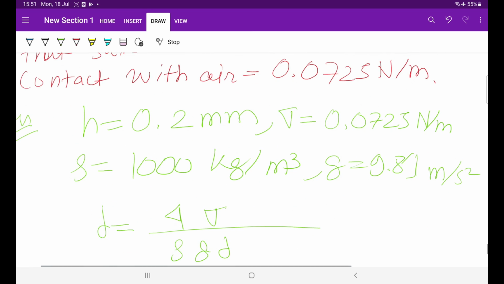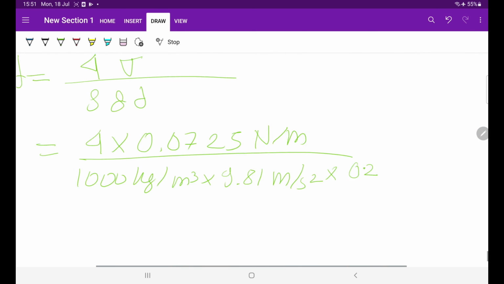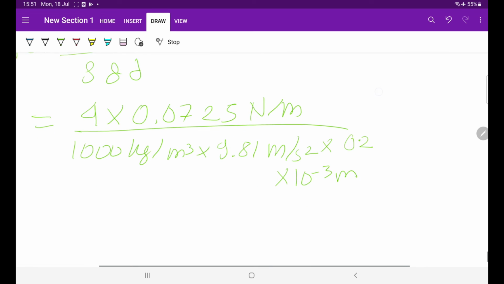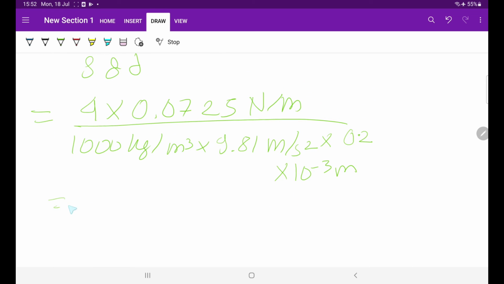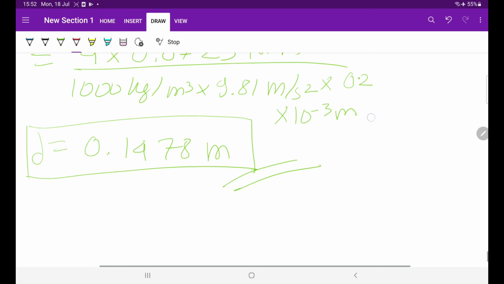So h is 0.2 mm, equal to 0.2 into 10 to the power minus 3 meter, right? If you just calculate this, it will come as 0.1478 meter. So this will be the d which they have asked in the question.